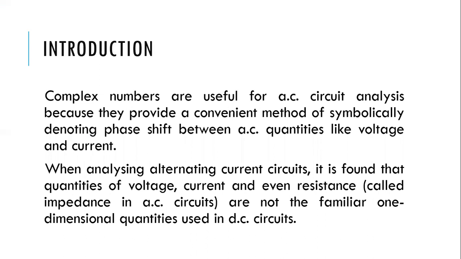As I've said in the past, complex numbers are useful for AC circuit analysis because they provide a convenient method of symbolically denoting phase shift between AC quantities like voltage and current. When analyzing AC circuits, it is found that quantities of voltage, current, and even resistance, which in an AC circuit we call impedance, are not the familiar single-dimensional quantities used in DC circuits.